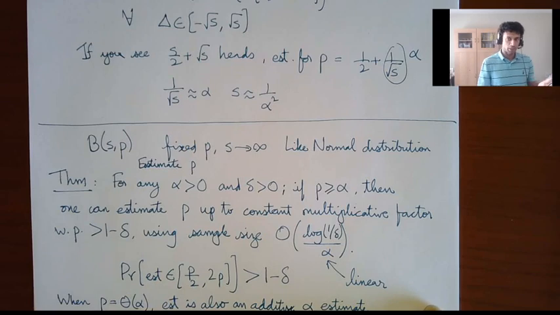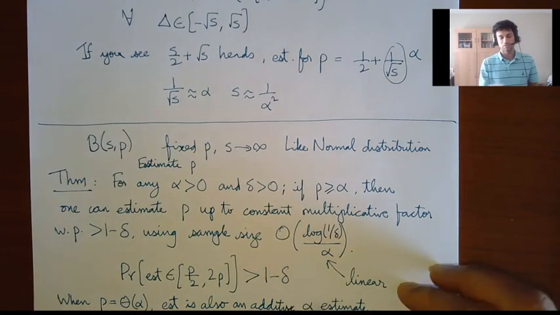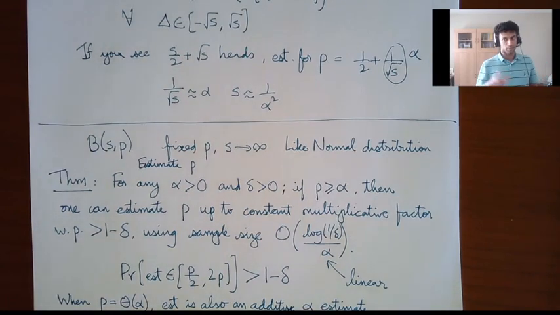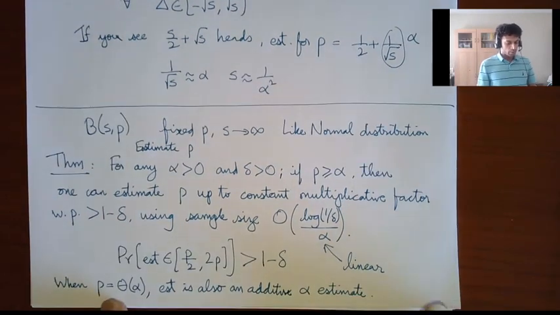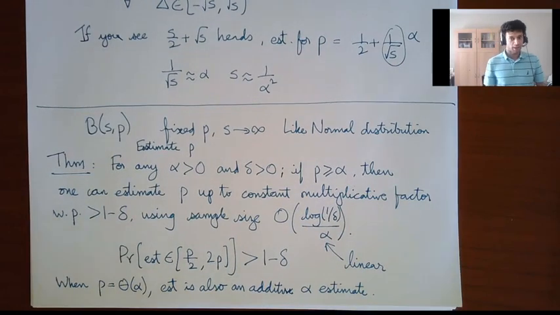So you get an estimate that's between p over 2 and 2 times p with probability at least 1 minus delta. So you get an accurate estimate, except your number of samples is just essentially log 1 over delta divided by alpha. So there's an inverse linear dependence as opposed to an inverse quadratic dependence. And observe that when p is actually theta of alpha, the estimate is also an additive alpha estimate, right? So you're actually able to do better than the case for the unbiased distribution that we saw.